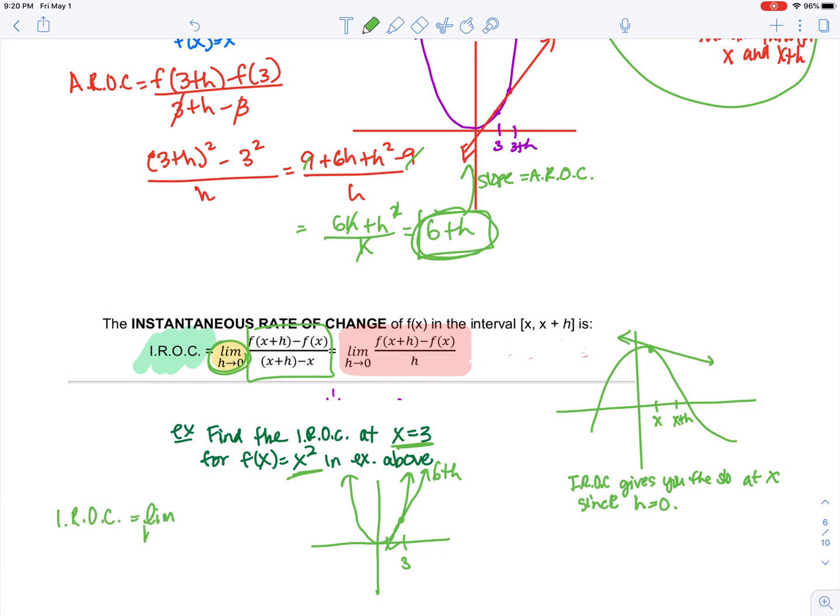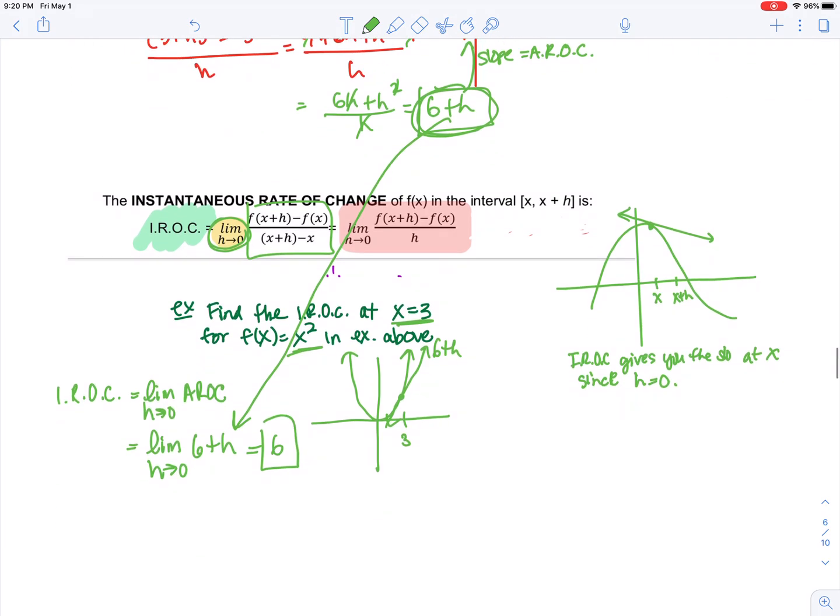It's just the limit as h approaches 0 of the average rate of change, which is 6 plus h from above. That is just going to give me 6. So the slope of that line at that particular instant is actually 6.